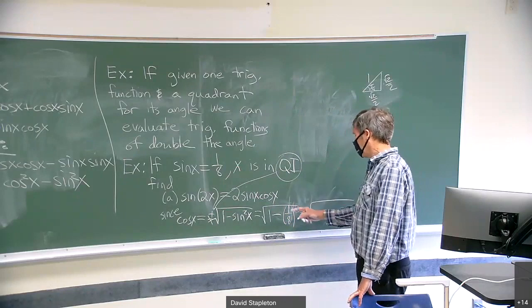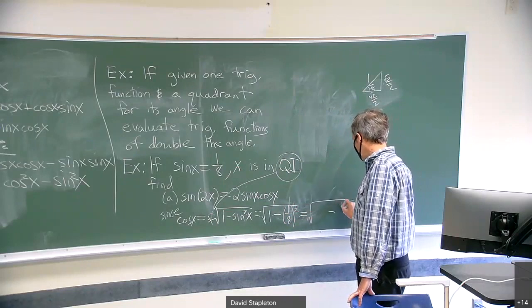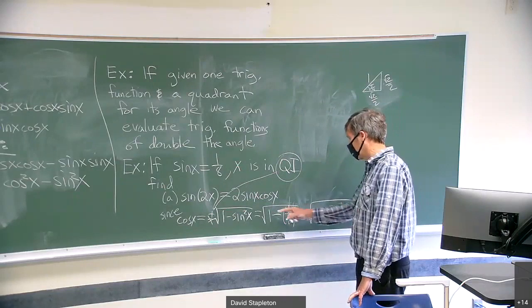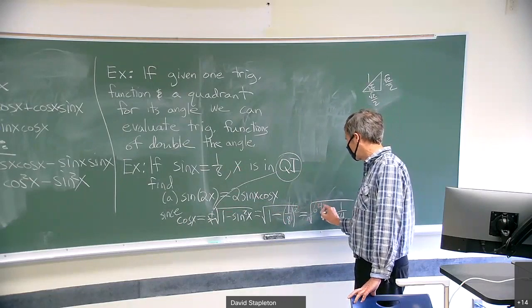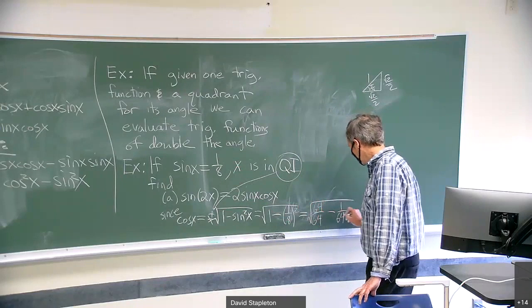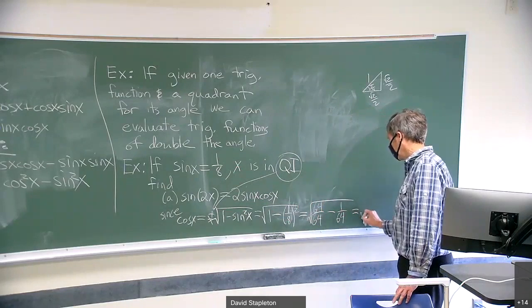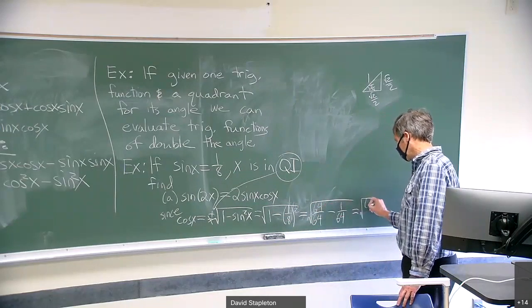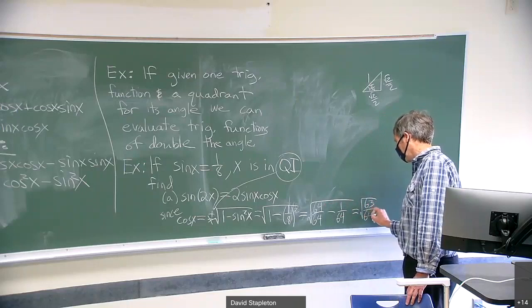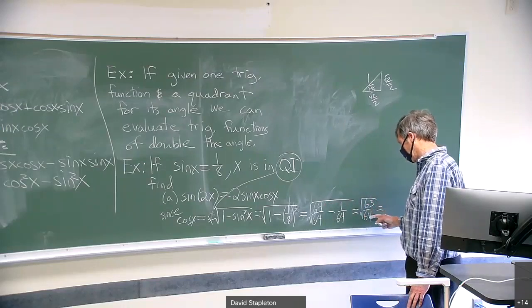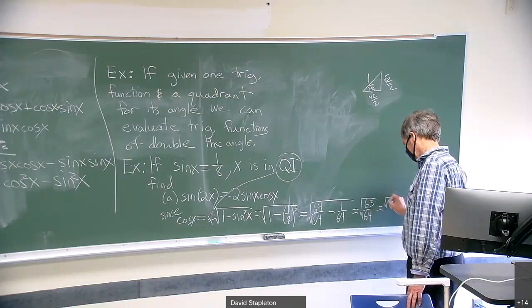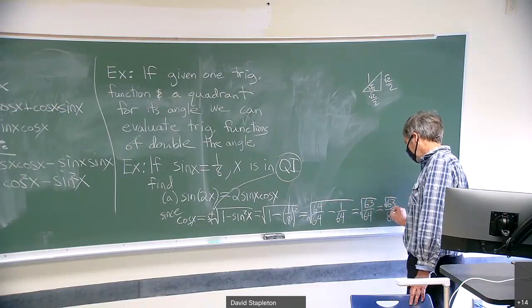This is 1/64th, and I'm subtracting, so I need a common denominator. Let's write 1 as 64/64. And now this is square root of 64 minus 1, which is 63 over 64. And you reduce that because 64 is a square. We write this as square root of 63 over 8. Right?